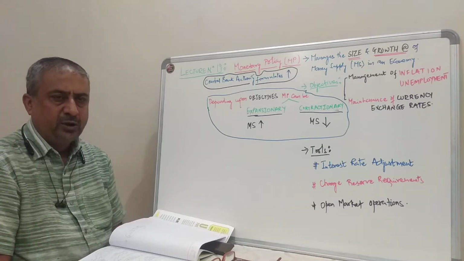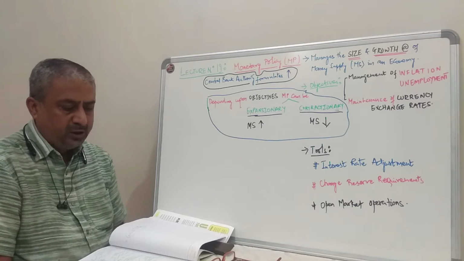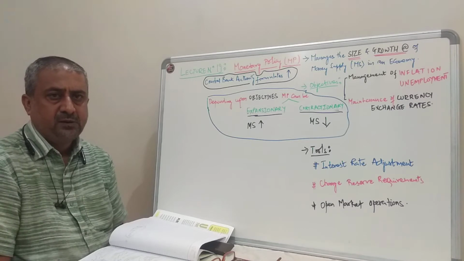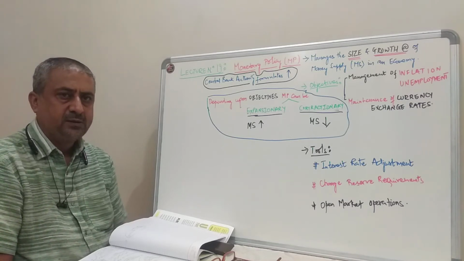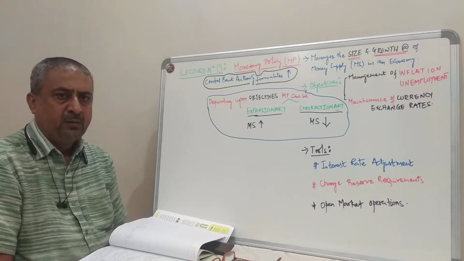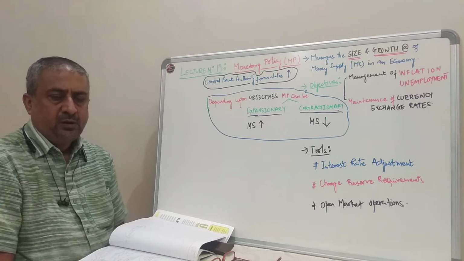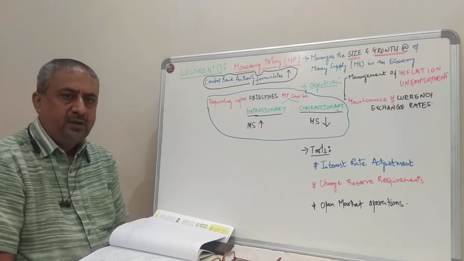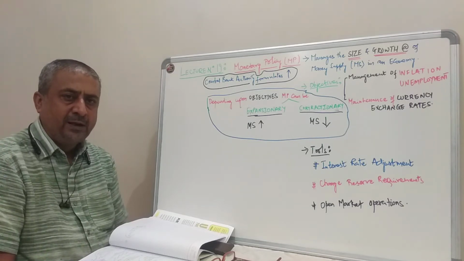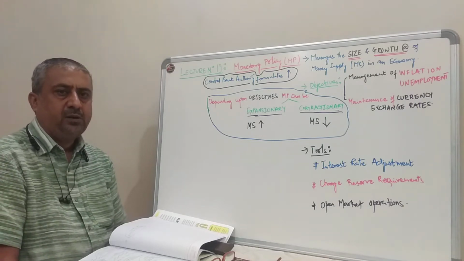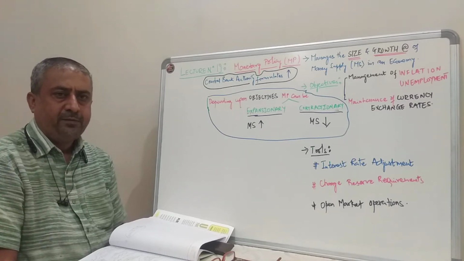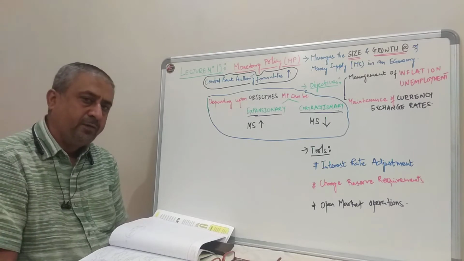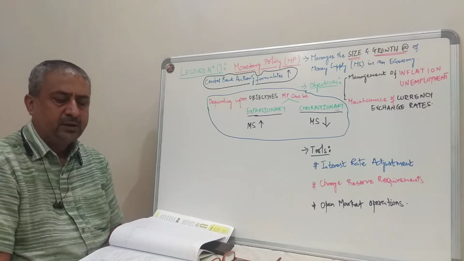Now, what exactly is monetary policy? Monetary policy is an economic policy. It's not financial policy. Let us be very clear about it. Financial policy is related with financial management of revenue and expenditure, that is fiscal policy, right?